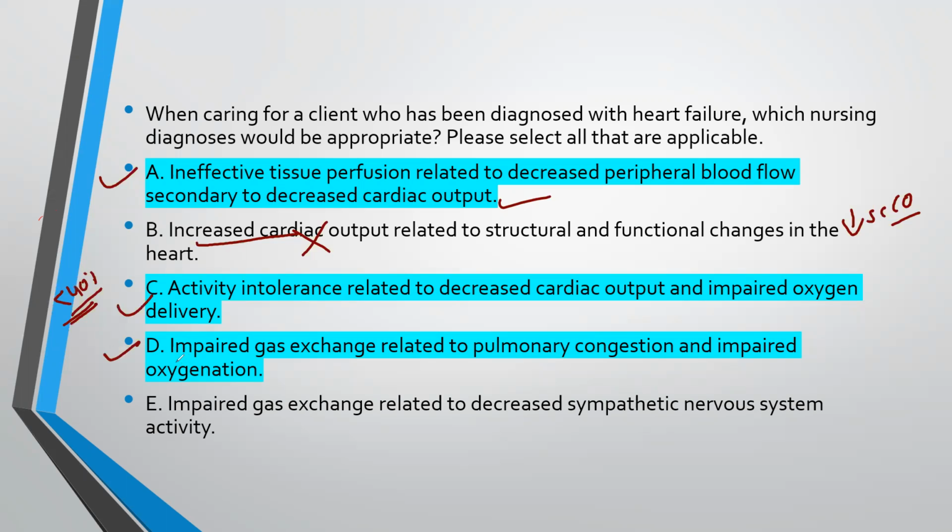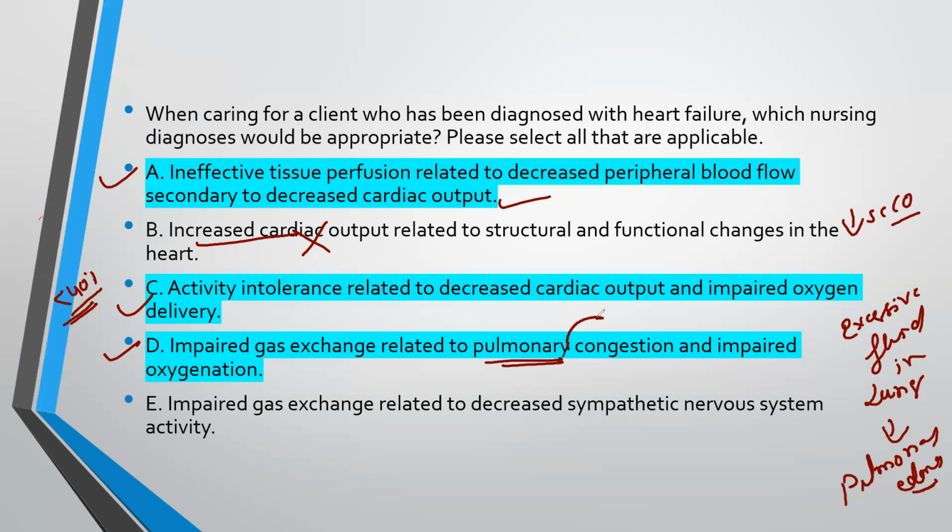The next option is also right here: impaired gas exchange related to pulmonary congestion. At the start of the heart failure introduction, I explained that there will be vasoconstriction, edema, and fluid retention. When excessive fluid is retained in the lungs, that will lead to pulmonary edema and pulmonary congestion.